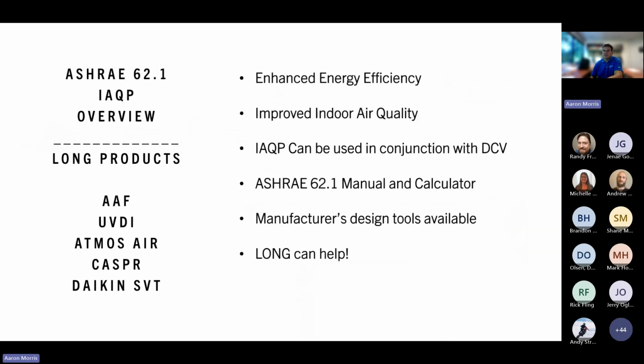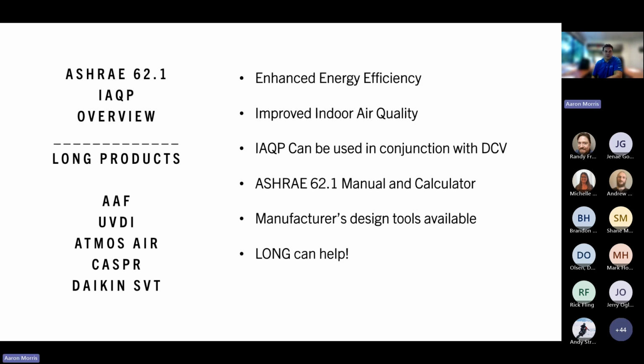So kind of in summary, reasons to use the IAQP method would be enhanced energy efficiency and improved indoor air quality. You can use the IAQP method in conjunction with demand control ventilation strategies. The ASHRAE 62.1 manual comes with the ASHRAE 62MZ calculator spreadsheet that you can purchase on the bookstore.